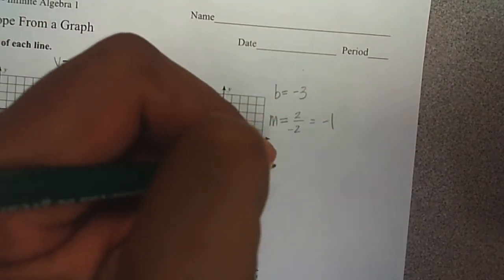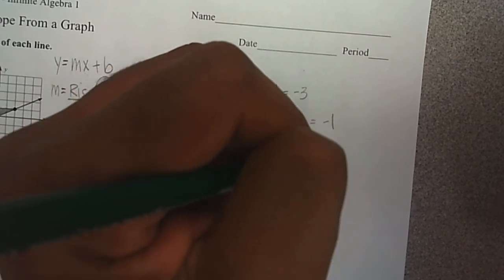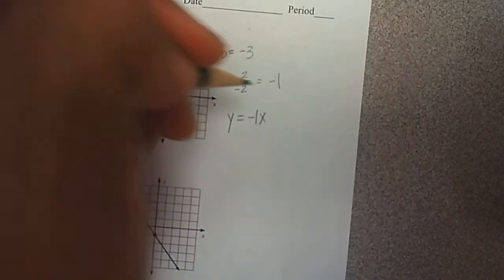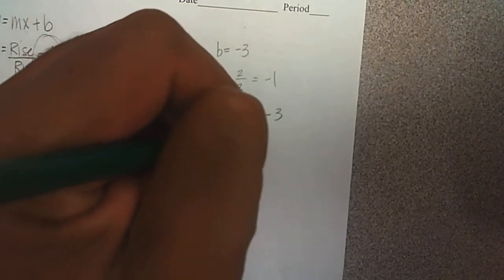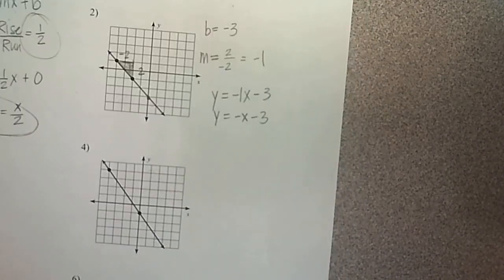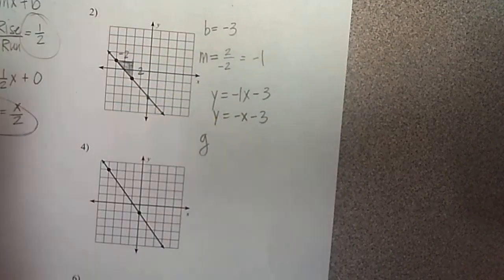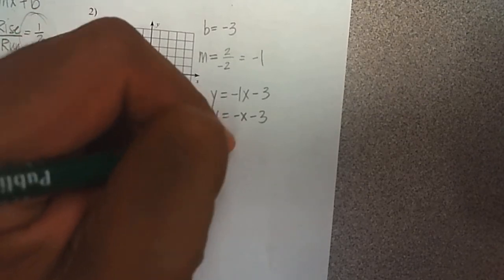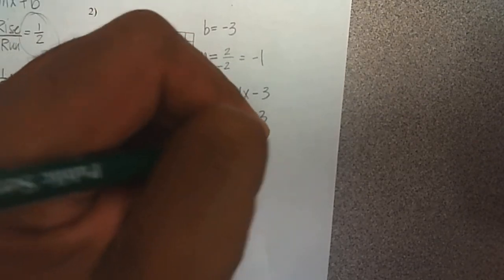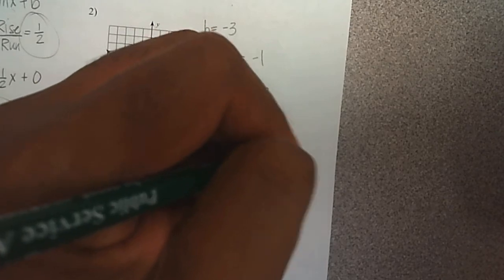So this is y equals -1x minus 3. Or it could be y equals -x minus 3. But in function notation, let's just say these functions are different. So I'm just going to give it a different name. Equals negative x minus 3.